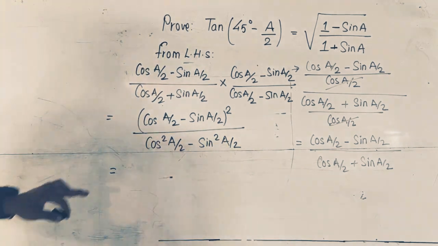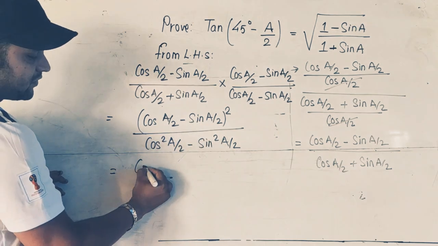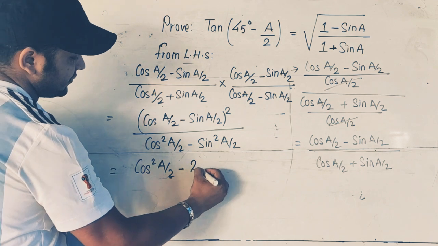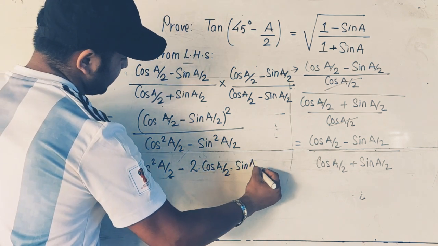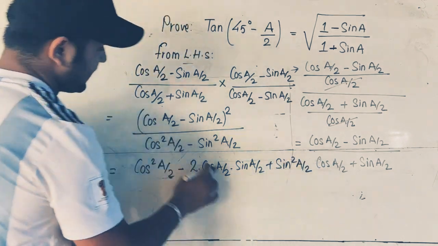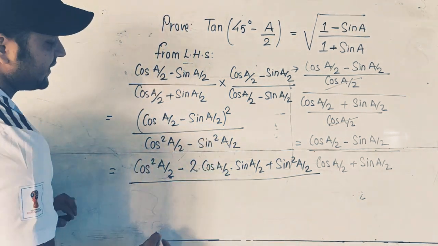Now let us solve the numerator. Using the formula of (a − b) whole square, you have a square minus 2ab plus b square, and in the denominator you have cos square A/2 minus sin square A/2.